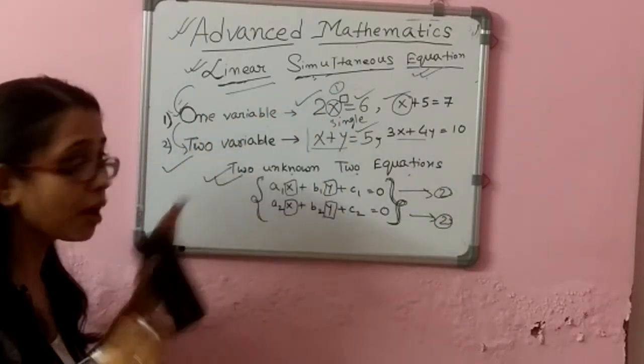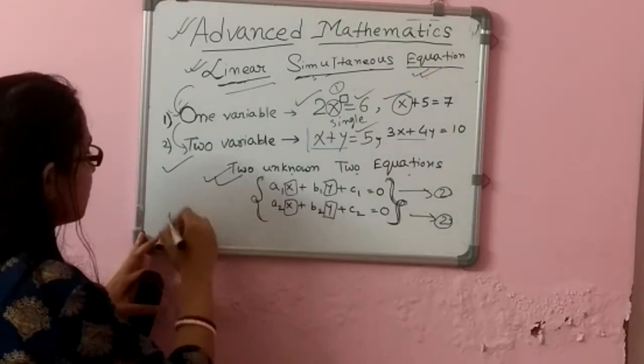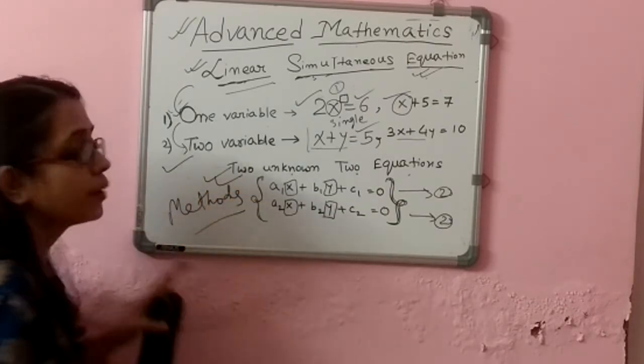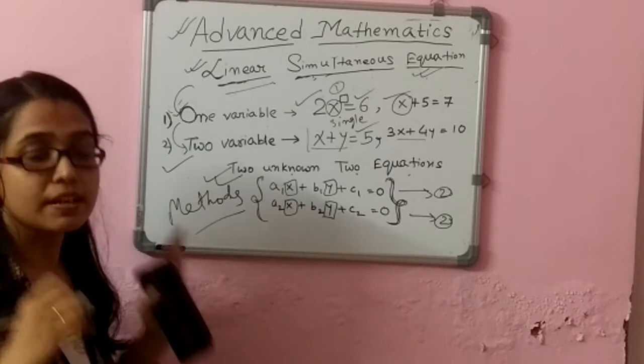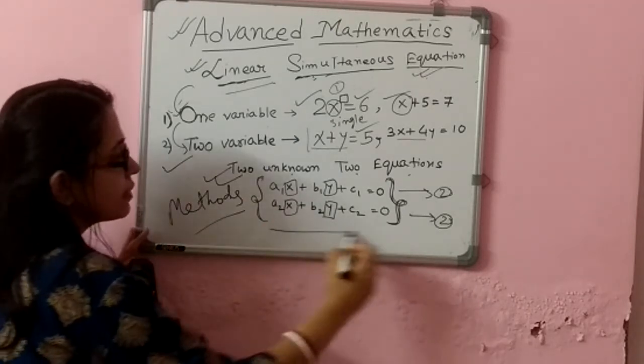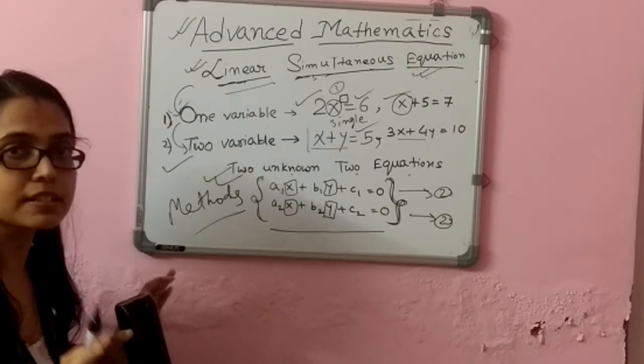And how will we solve it? There are 4 methods with the help of which we are going to solve linear simultaneous equations, and this is the general form of the linear simultaneous equation.